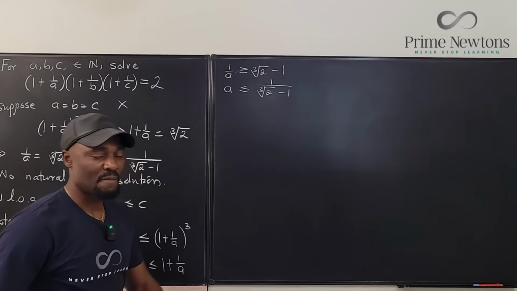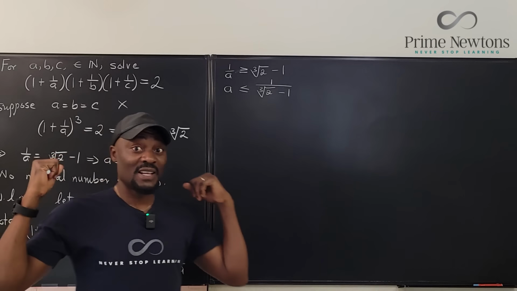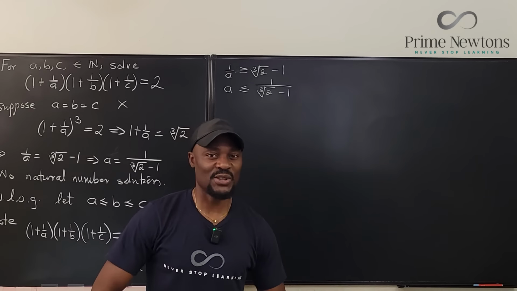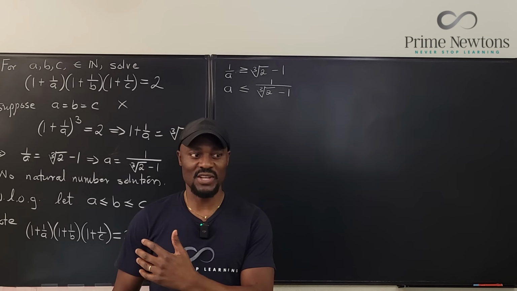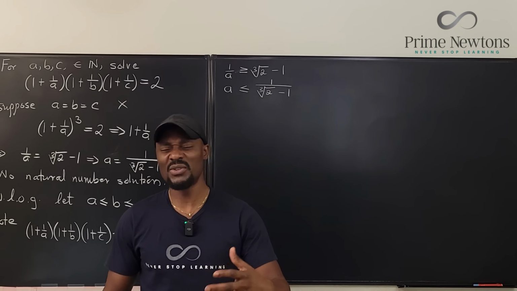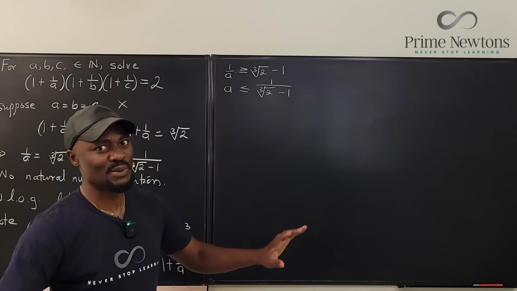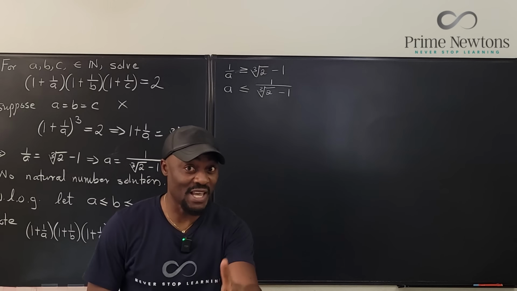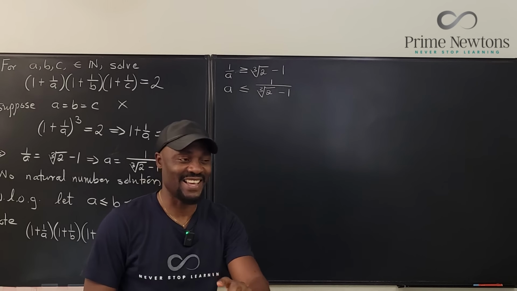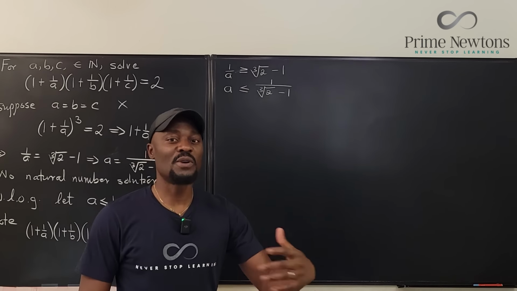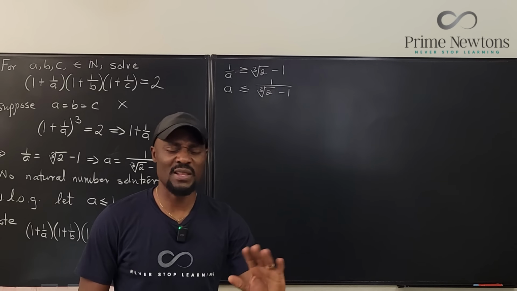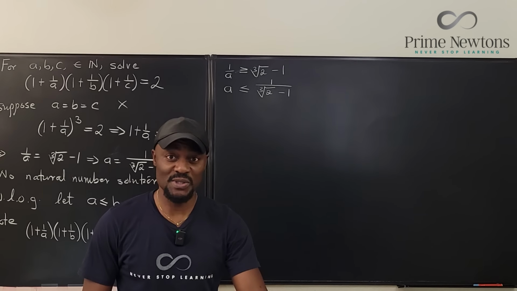Now, I could have done this with calculus, but I didn't want to bring calculus into this because I thought this was just Diophantine equations, and, well, I could have used calculus for it, but I know what I'm doing, okay? Because I know the cube root of 2 to be 1.26, not 0.26. The square root of 2 is 1.41.